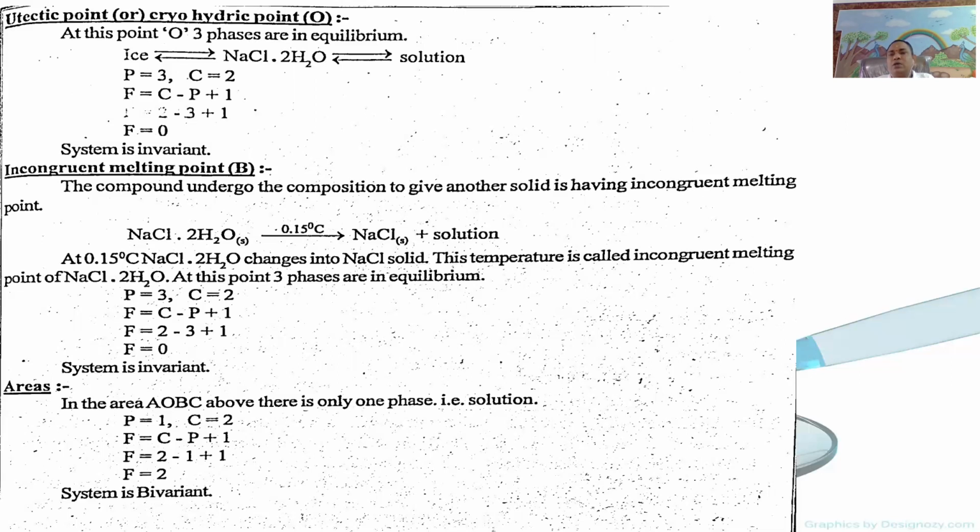Univariant system means it requires either temperature or composition. If you know the temperature, the composition remains constant, or if you know the composition, the temperature remains constant.